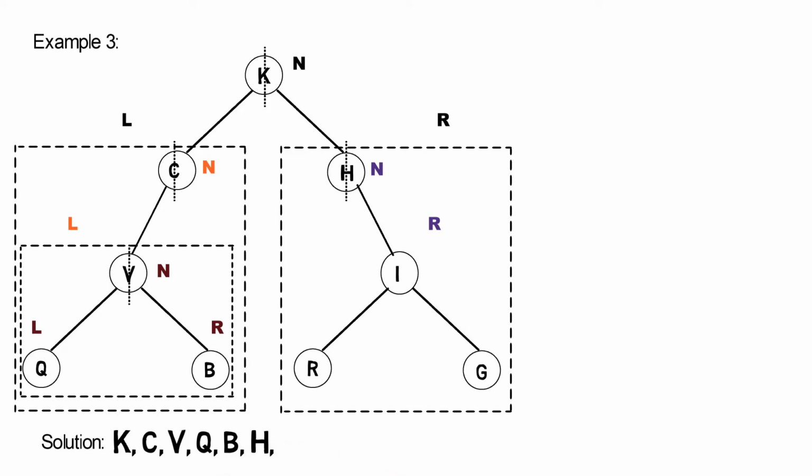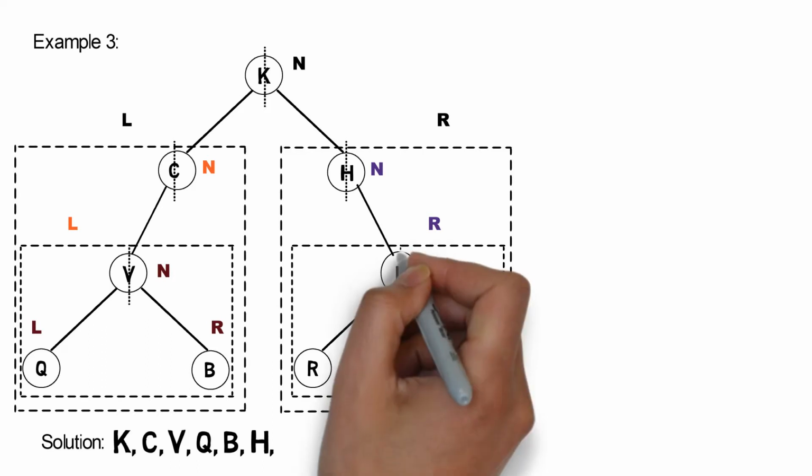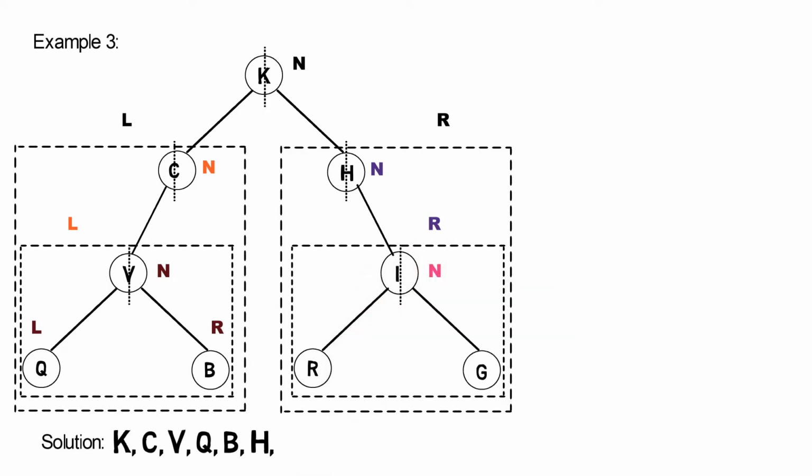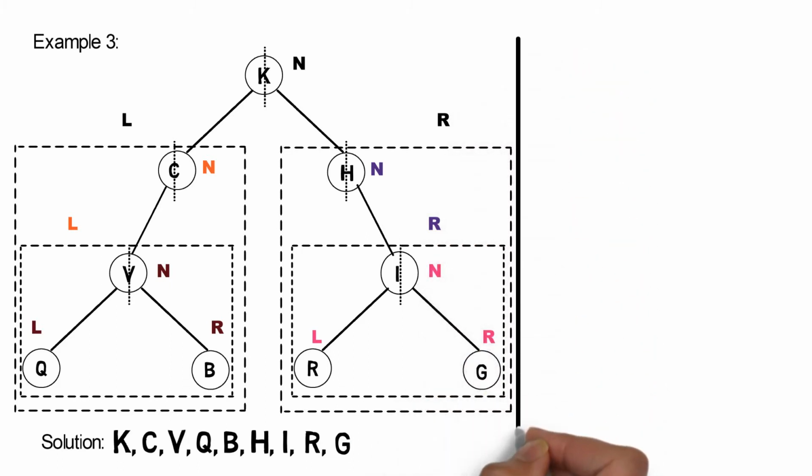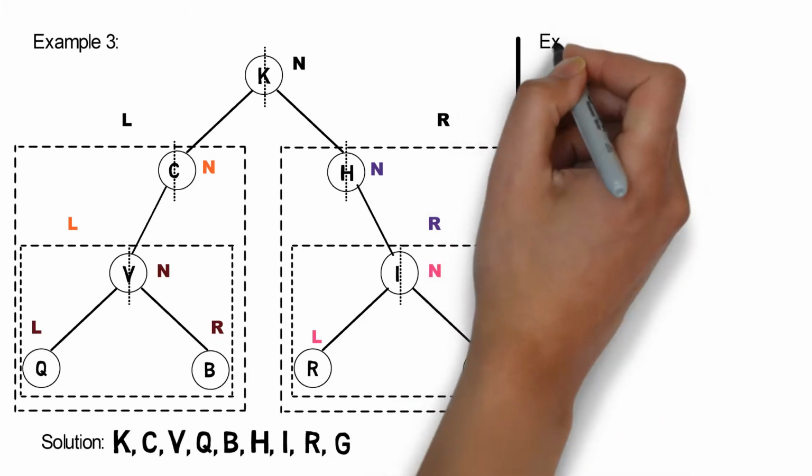Since there is no left subtree, we jump right onto the right subtree. We now focus on this side of the tree. I becomes the root node, R the left subtree, and G the right subtree. Therefore, traversing this tree, we have I, R, G. Simply done. Let's consider the last example on the PreOrder Traversal.